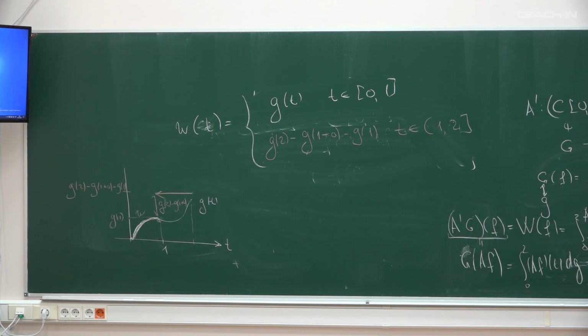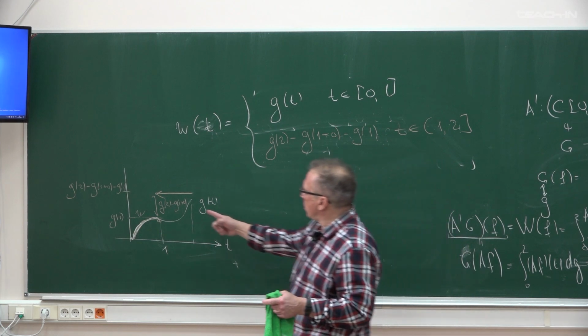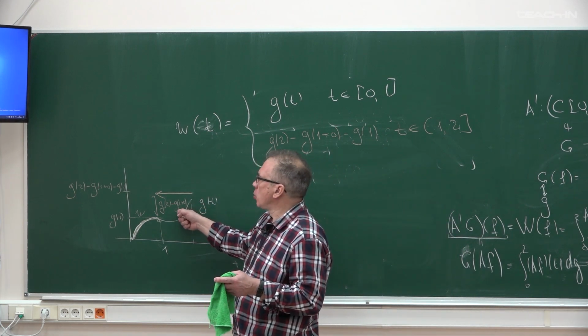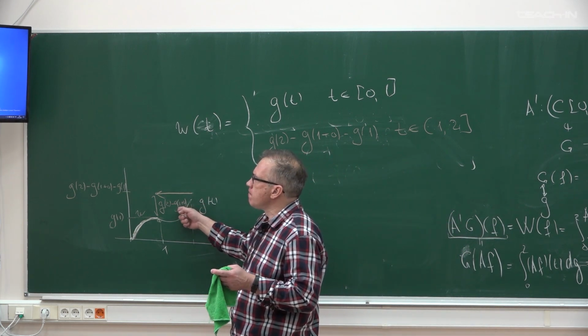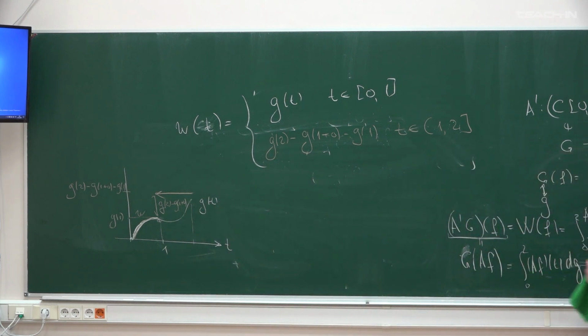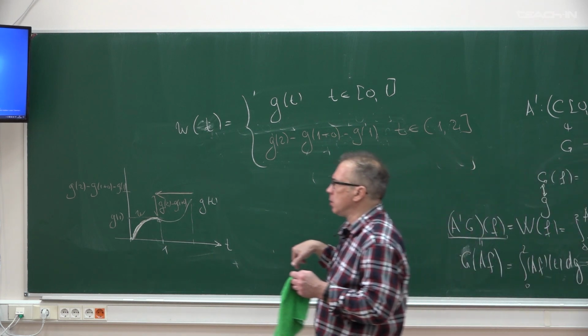So can you explain the notation here, what you wrote, g of 1 plus 0? It is the right limit, 1 plus 0, the right limit of function g. This is from the space BV0, and in space BV0 the functions are continuous from the left.